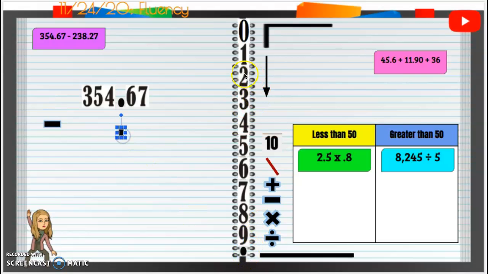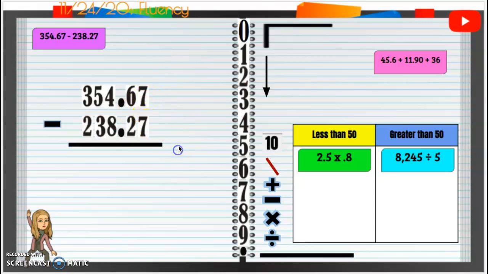So we need to line up our decimal. So we have 27 hundredths here. Then our whole number is 238. That was 354. Perfect. Alrighty. Now we can start subtracting.